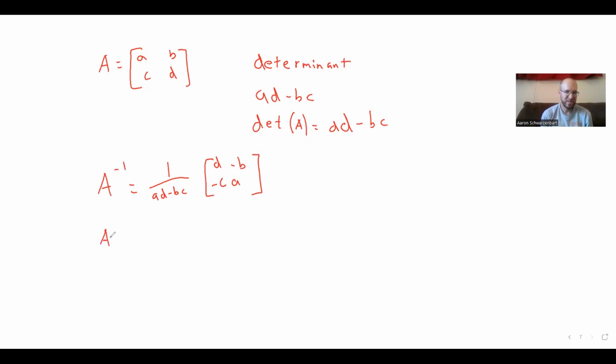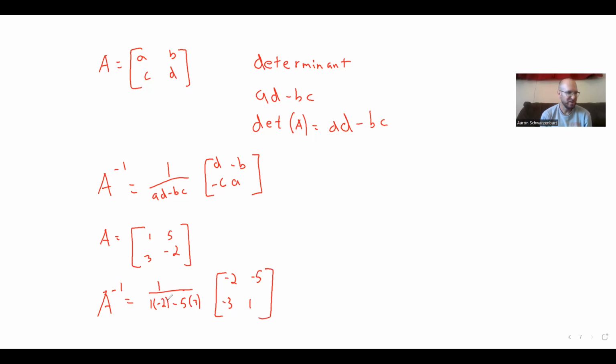So if I assign matrix A to this, 1, 5, 3, negative 2, A inverse is 1 over 1 times negative 2 minus 5 times 3. Then I multiply that by a matrix with D and A switched and B and C negated.